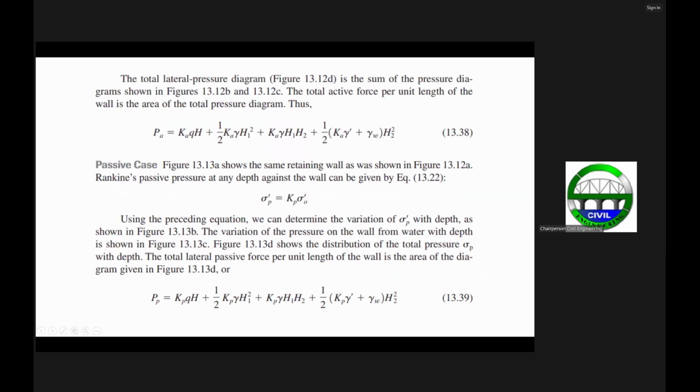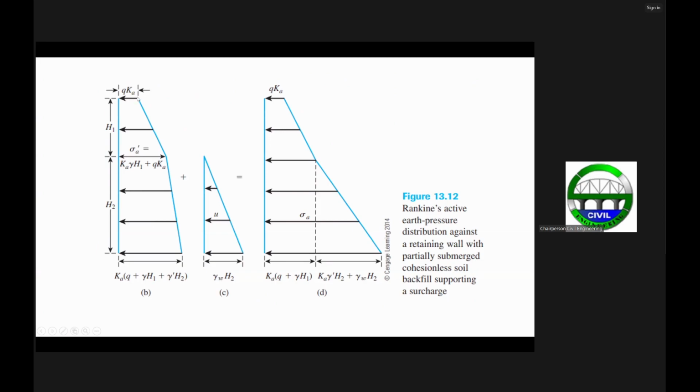But here, what he just did, for this term, he considered this pressure diagram. Please observe my cursor. He considered this pressure diagram, that's your pressure diagram one until here.